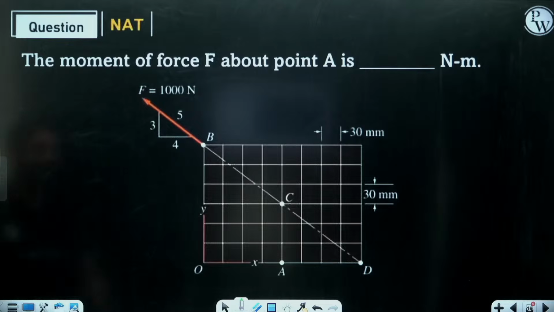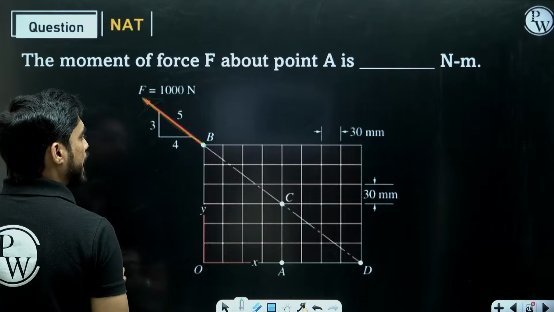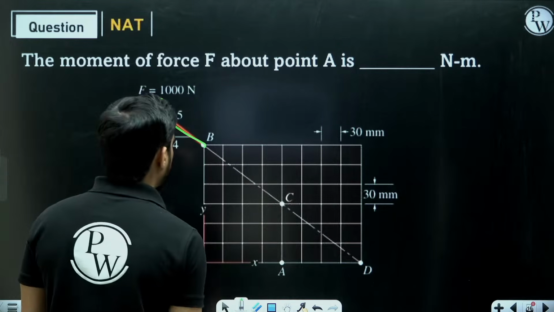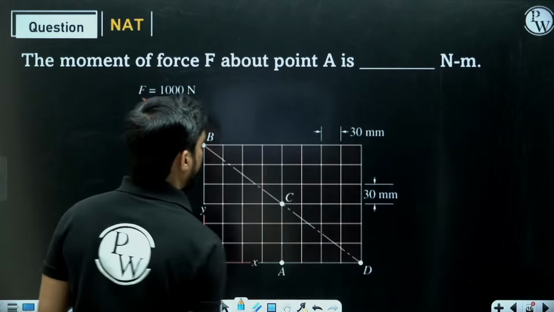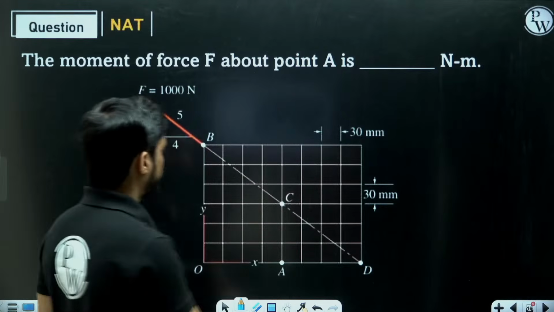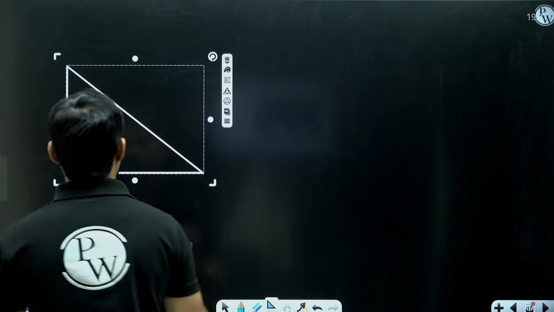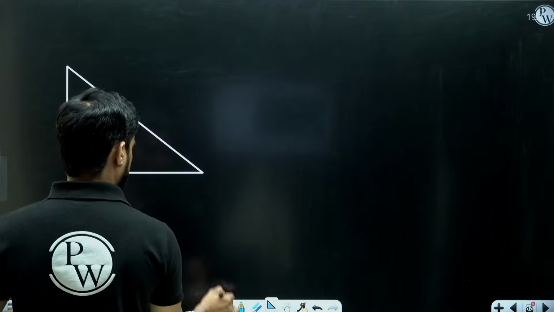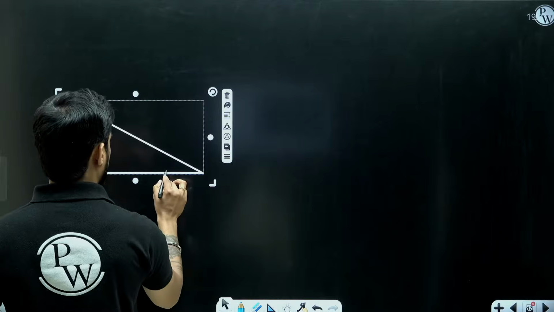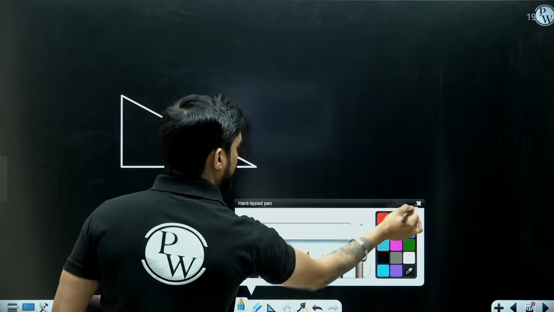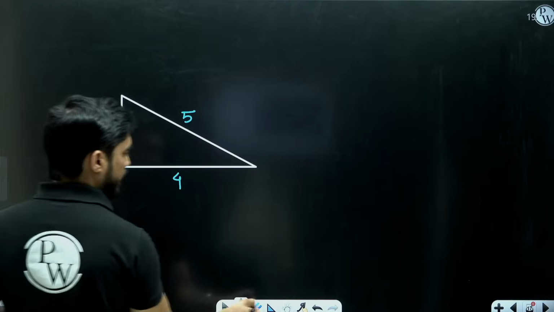First of all, let's resolve this force into two components. But in order to do that, we need the angle of the force, right? So how do we find the angle, beta? Understand this, because you will see a lot of these types of triangles in engineering mechanics. We have this triangle, and they have given you the sides 3, 4, and 5.